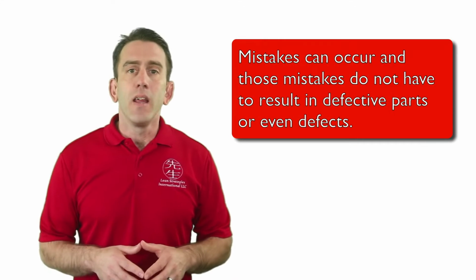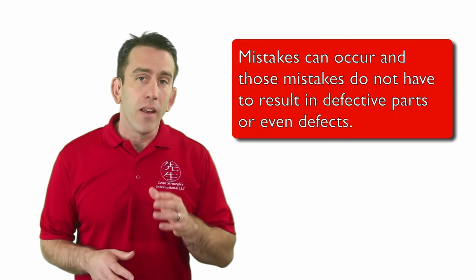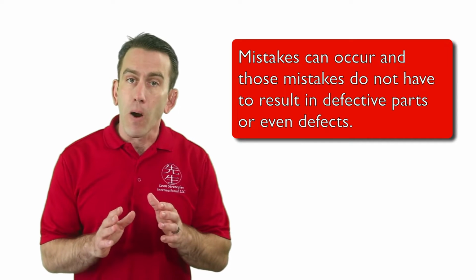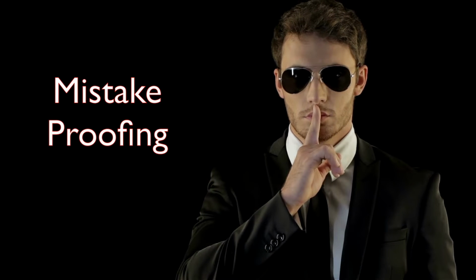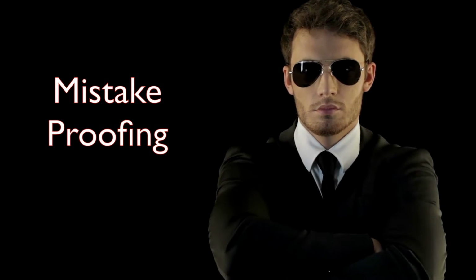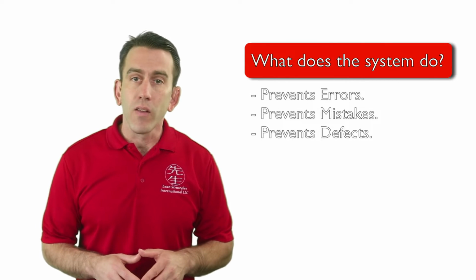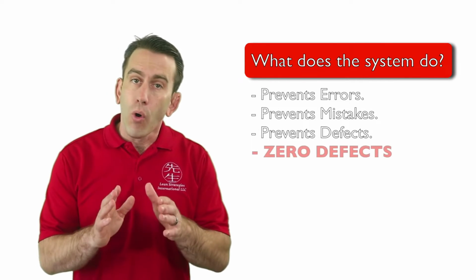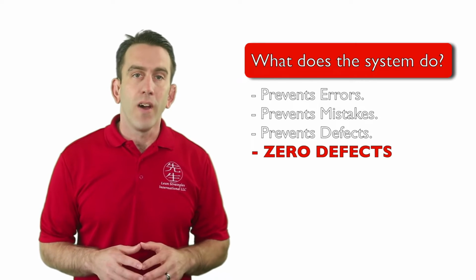With that said, it is important to understand that mistakes can occur, and those mistakes do not have to result in defective parts or even defects. Therein lies the foundational secret of the zero quality control system: mistake proofing. Essentially, the system prevents errors, mistakes, and defects from occurring, which ultimately accomplishes the goal of the system: zero defects.